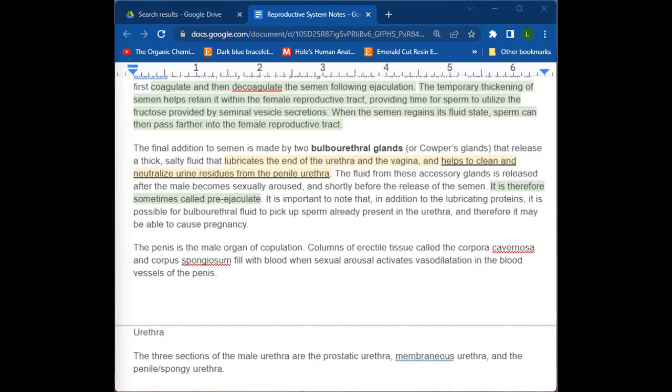Since the sperm travel through the urethra, and obviously urine also travels through the urethra, if urine has traveled through the urethra before sperm, then the sperm could get damaged by any acidic urine residue.